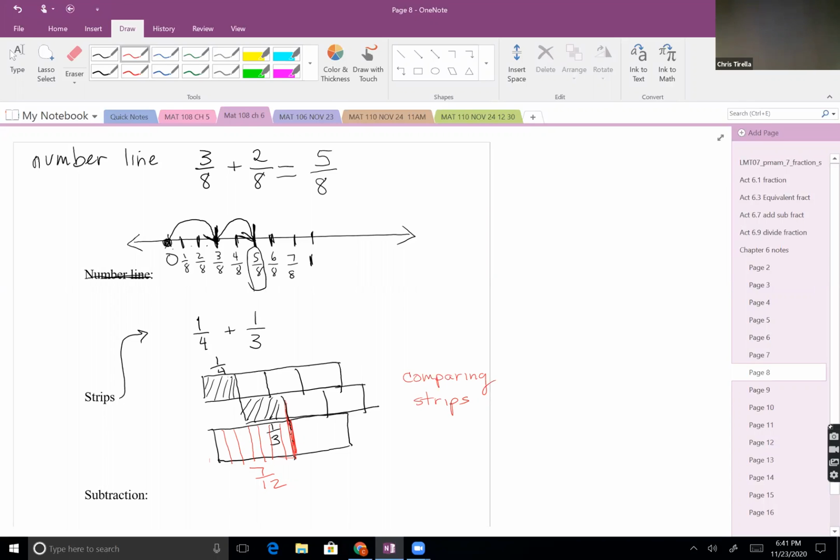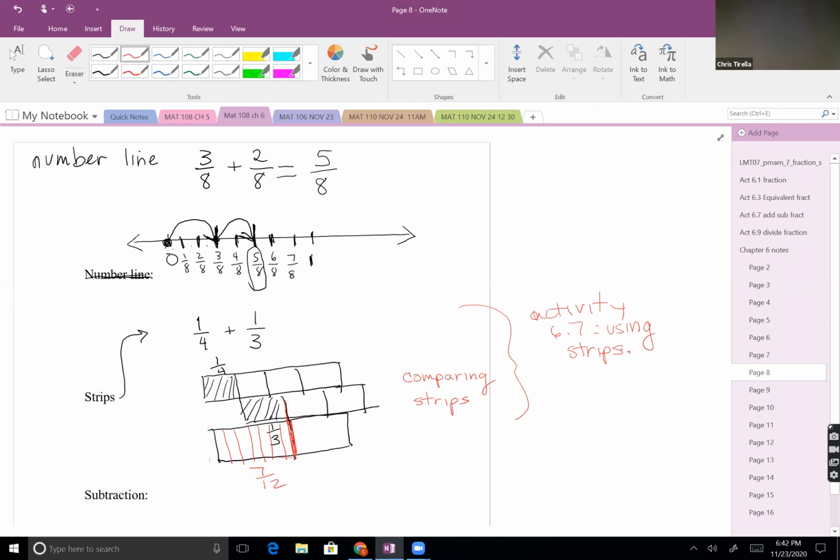But I think that as we look at the activity, I think that activity 6.7 and using the strips there gives you a better idea of where all of this fits in.